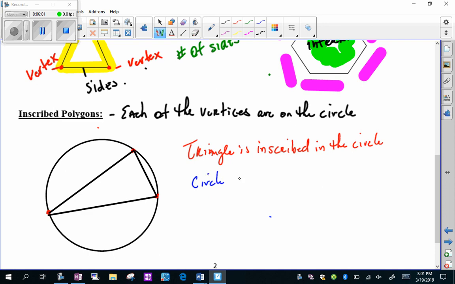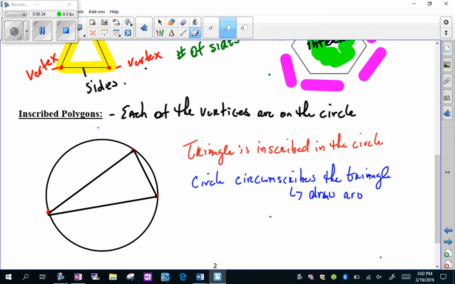The circle circumscribes the triangle. Now that word circumscribes, that means to draw around. I'm going to make that neater. Sorry about that.